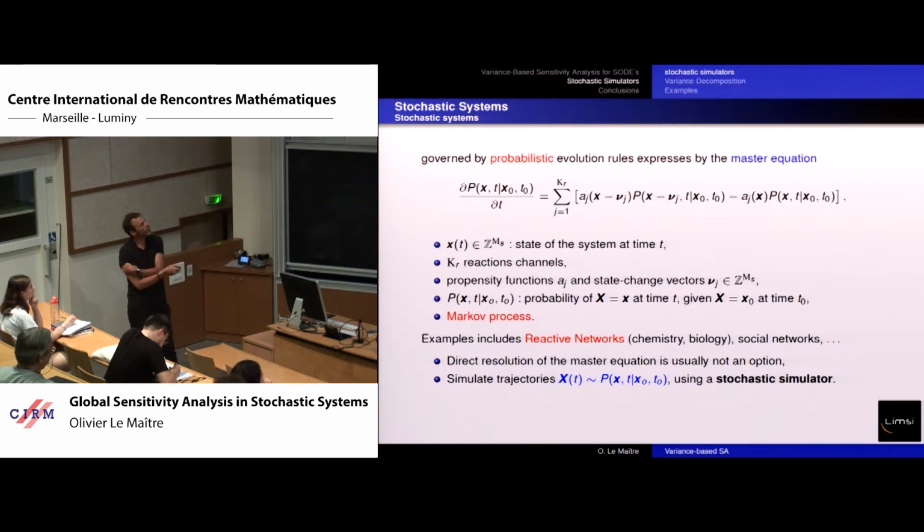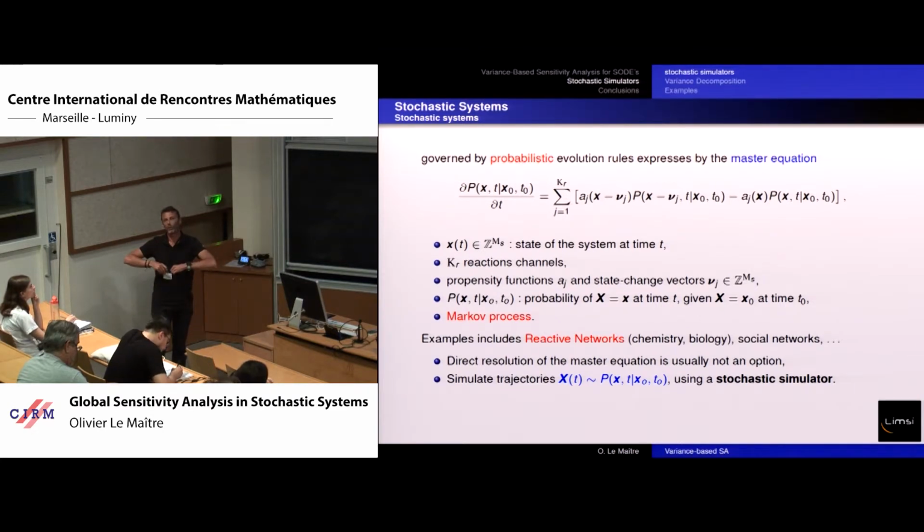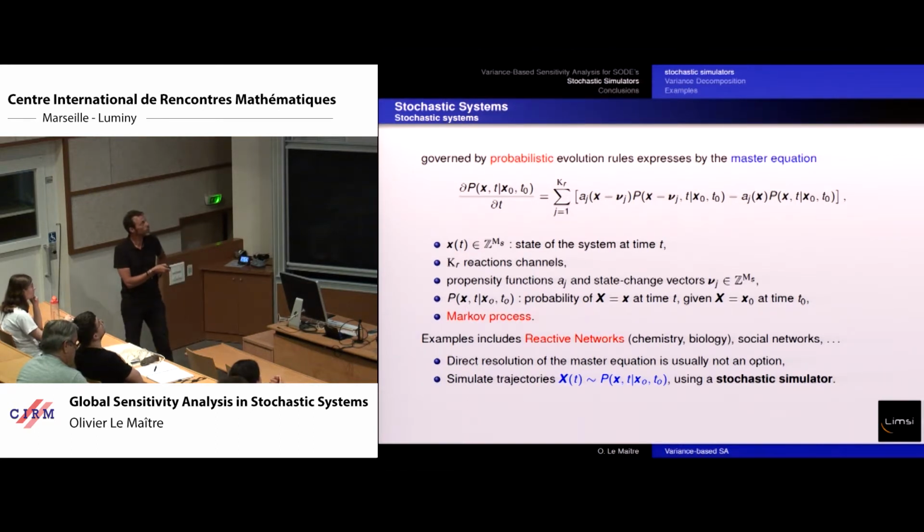And on the right-hand side, you have basically two contributions. The contribution that makes you leave the state x at time t, and the contribution that makes you go to that state. So you're receiving some probability mass from elsewhere, and you are dumping probability mass by going elsewhere. And so this is really a balance equation.